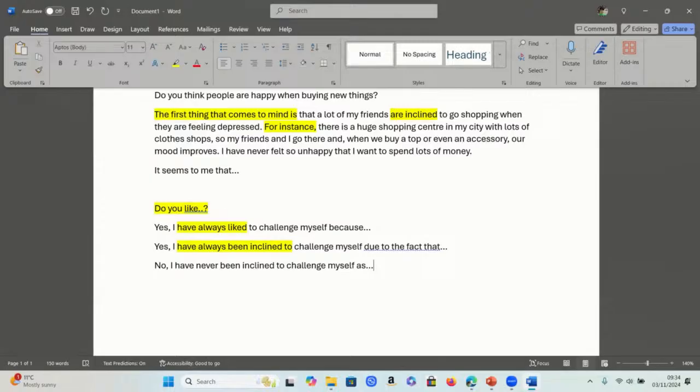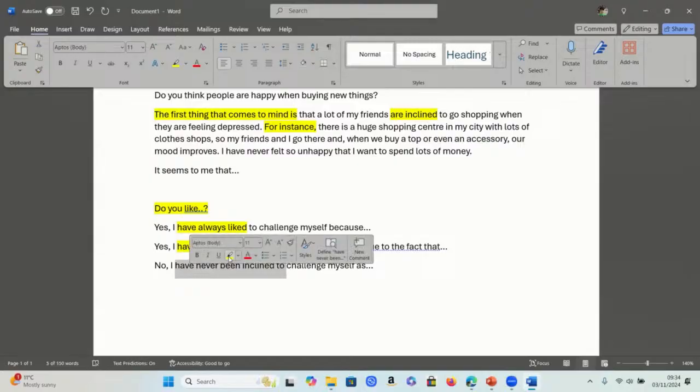I've always been inclined to challenge myself is better than liked. So you've already impressed the examiner twice. And then instead of saying because, you say due to the fact, because that's better vocabulary, but it's also better cohesive devices, joining words, which is a separate mark in the descriptor. So the first one's good, the second one's better. And then there's a negative version of the second one.